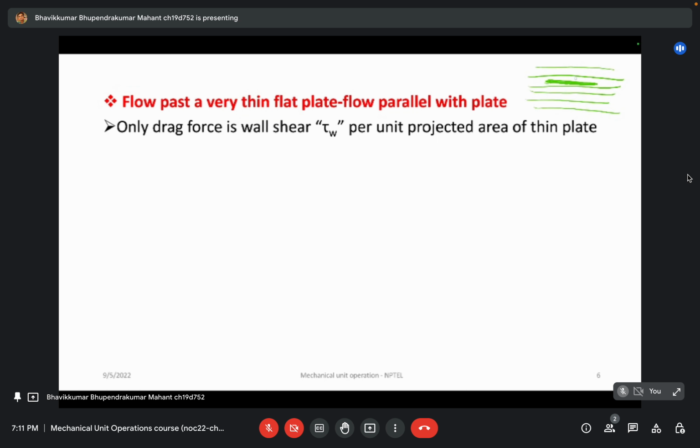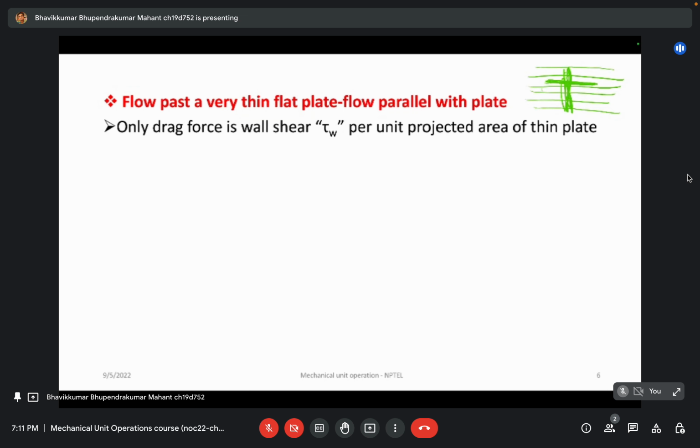But if we put this thin plate vertically, then there will be a very important effect you can observe. We can discuss all this a little briefly.